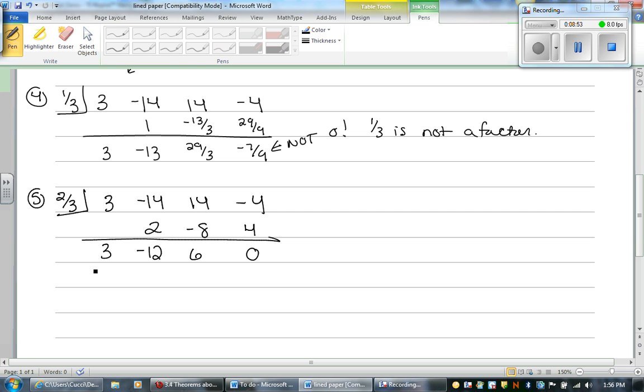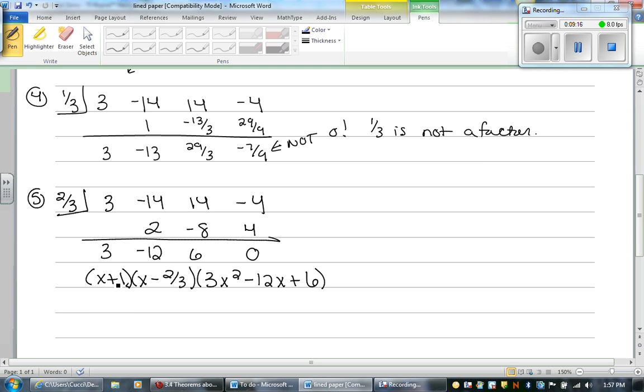Okay? So we had our x plus 1. We now have our x minus 2/3. And then what's left here is 3x squared minus 12x plus 6. Okay? So I see that 3, 12, and 6 all have something in common.